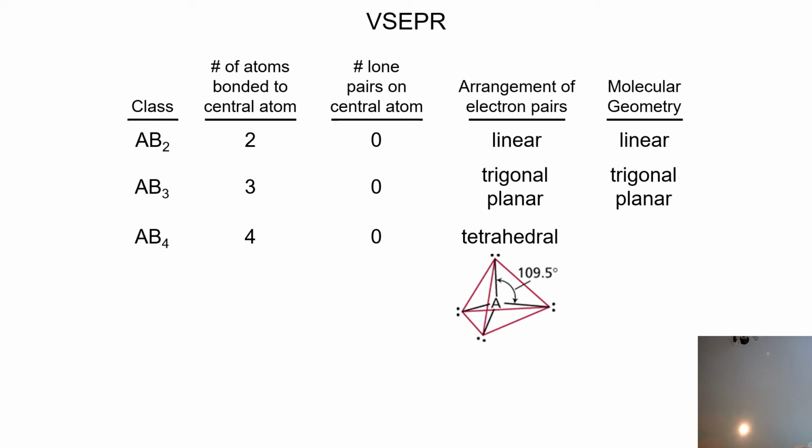Often when we draw a tetrahedral structure, I'll show you on the next page. Hold off on that for a minute. Bond angles here are 109.5 degrees, and that is the same for the molecular geometry.